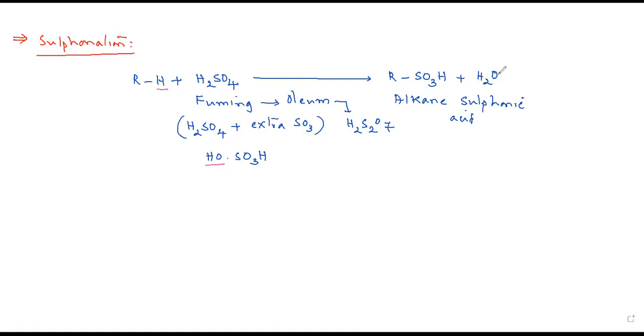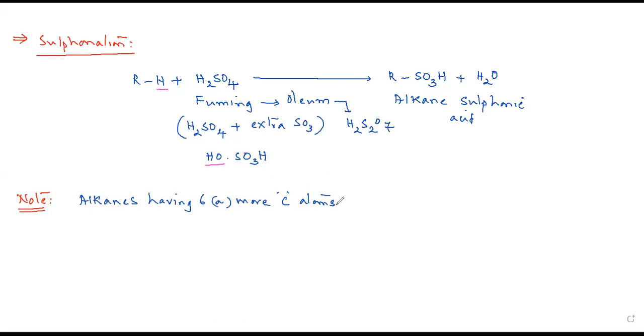Now, here the interesting point is alkanes containing 6 or more carbon atoms can only be sulfonated. So that is an important point. Alkanes having 6 or more carbon atoms.